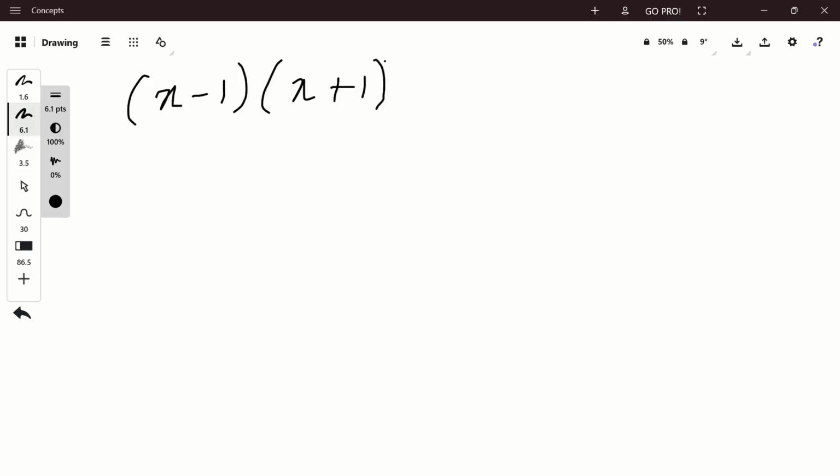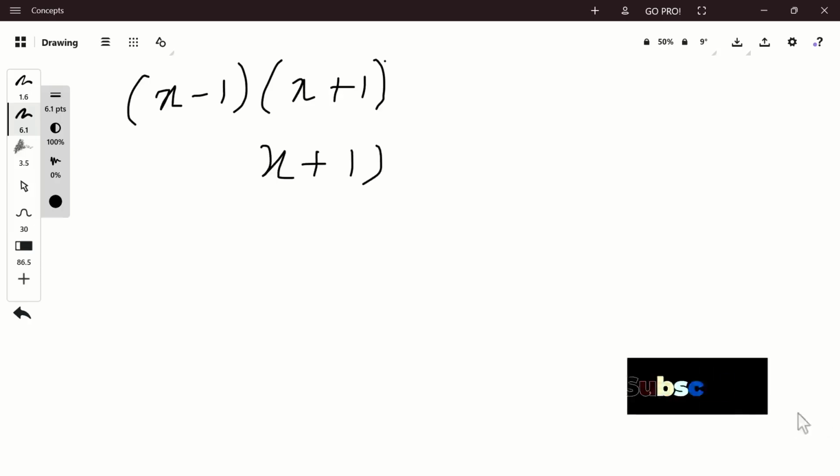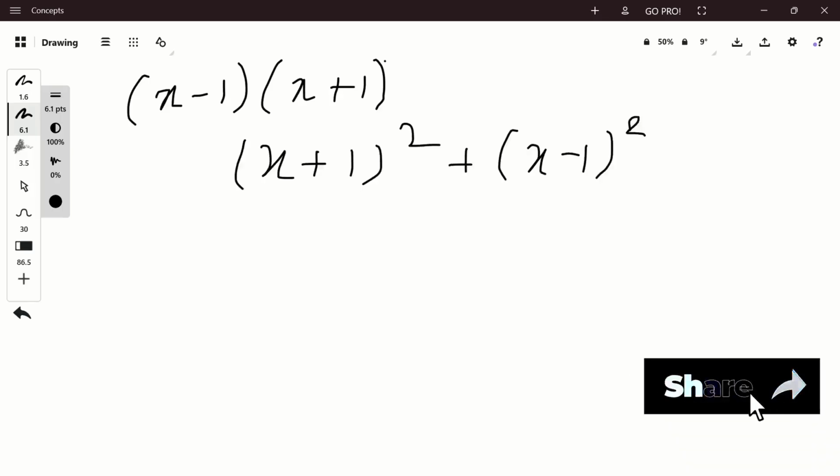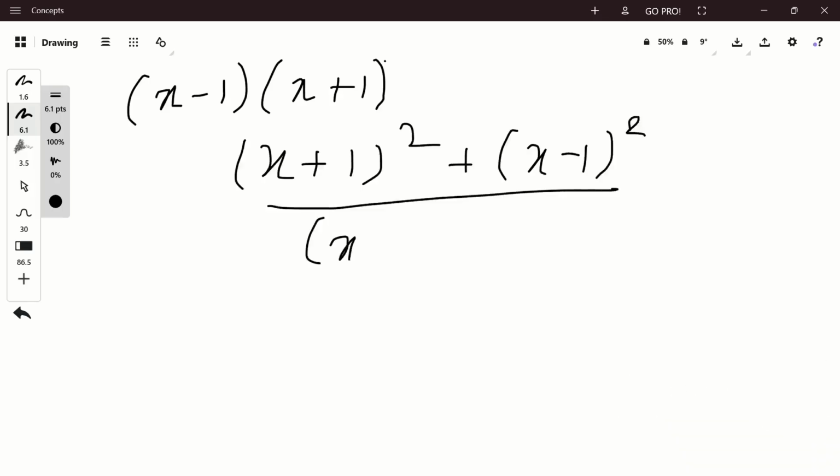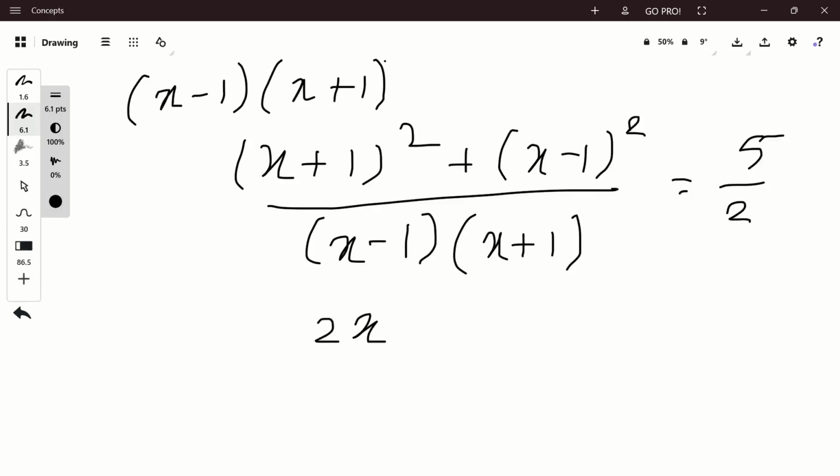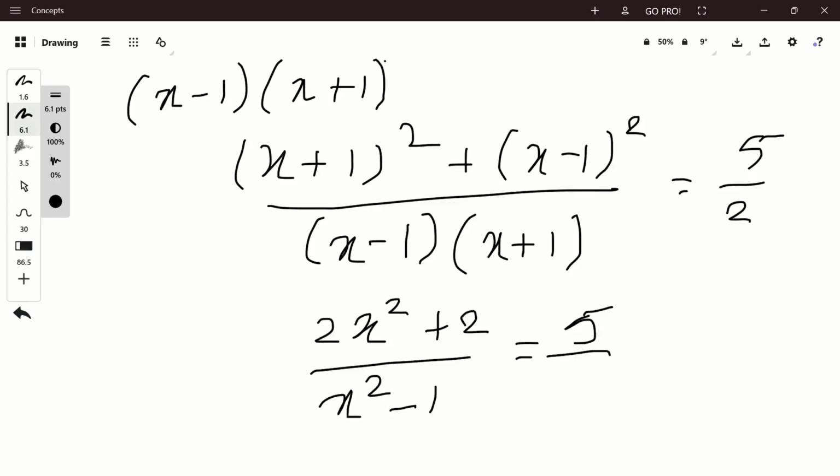That will give us x plus 1 whole square plus x minus 1 whole square upon x minus 1 x plus 1 is equal to 5 by 2. Expanding the numerator and simplifying the denominator, we get 2x square plus 2 upon x square minus 1 is equal to 5 by 2.